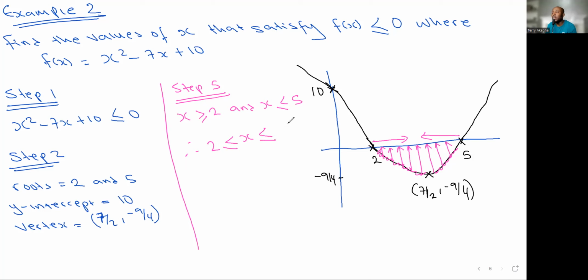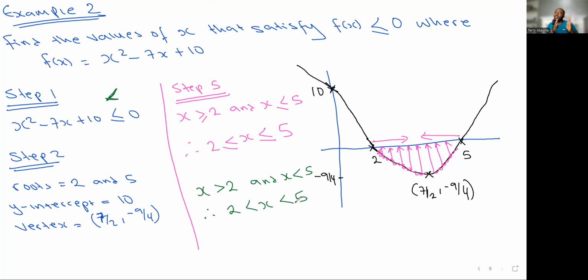But if the question, for instance, was less than, it's going to be the same thing: x is greater than 2, and x is less than 5. So that means it's going to be 2 is less than x less than 5. All right? So that's how you do it.